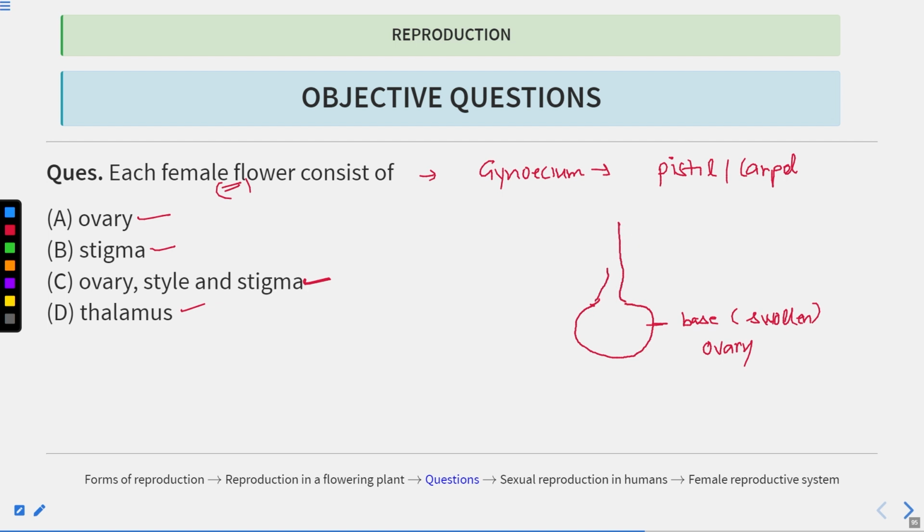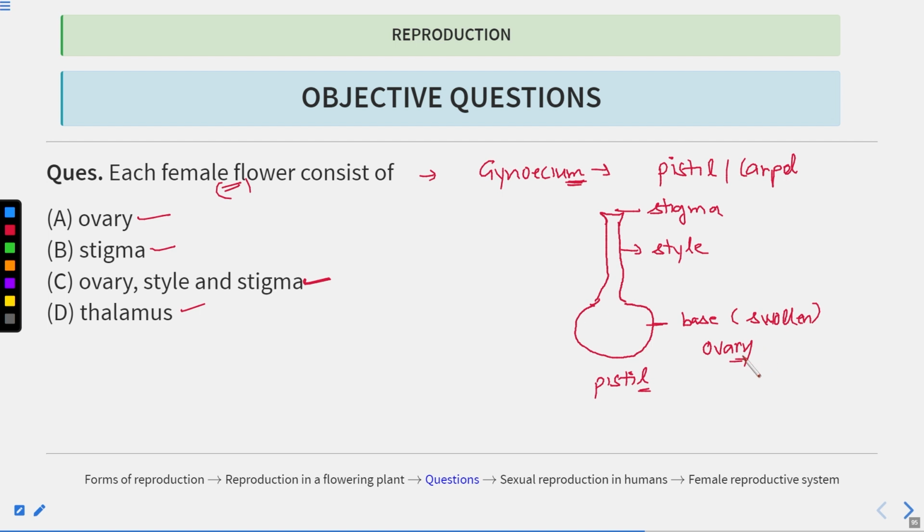Then you have this tube-like structure which is known as the style, and then the upper region is known as the stigma, which is the receptive part, means it receives the pollen. Okay, so this is the structure of the pistil, or you can say it is the female reproductive part. Okay, and it is known as the gynoecium.